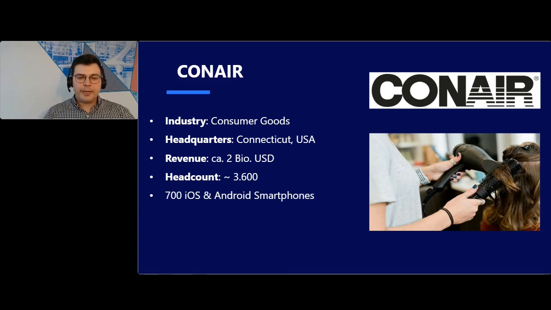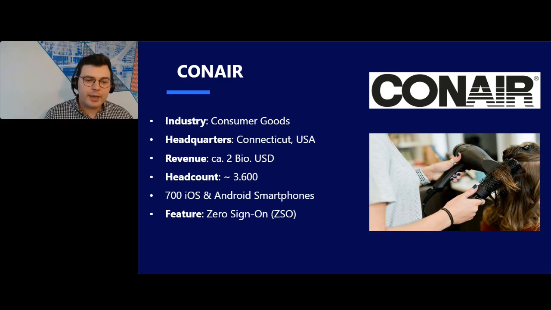For them, they had to manage 700 iOS and Android smartphones, spread out across the USA and Europe. What was really important for them was the zero sign-on feature. So they wanted to use their phones as an identity provider to authenticate to different services like Microsoft Office. That was the main feature here.